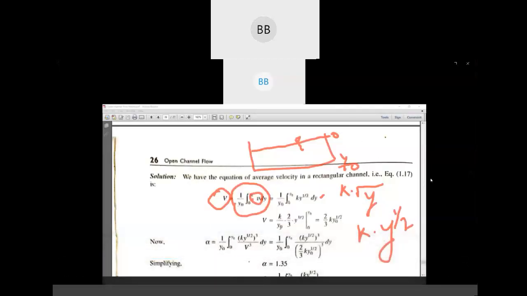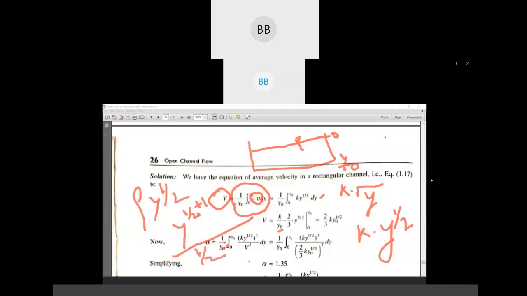That is why k by y naught. Then the integration of y to the power half is y to the power half plus 1 divided by half plus 1.